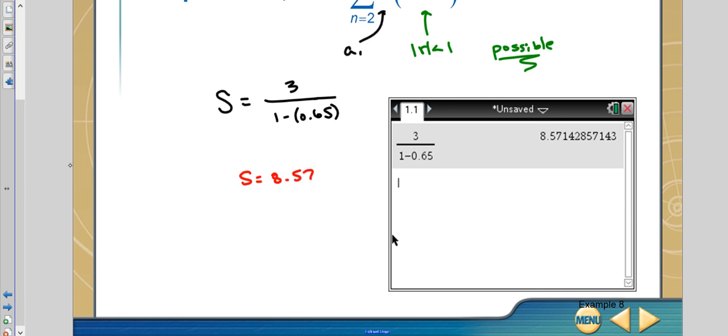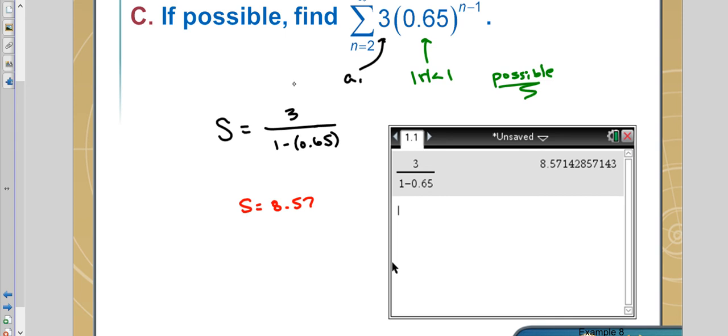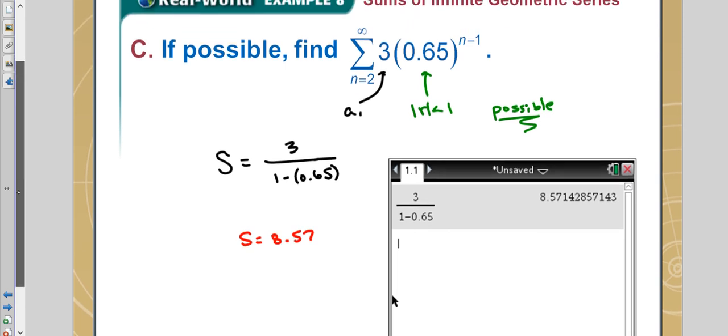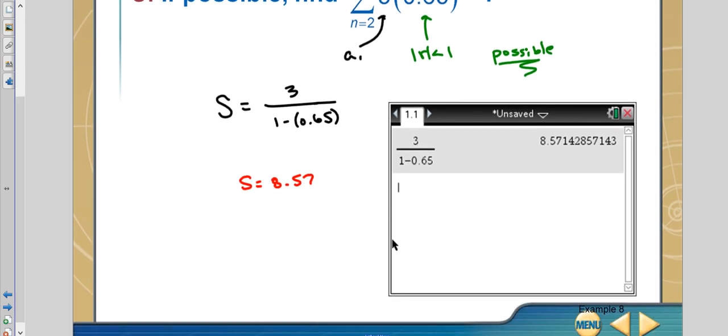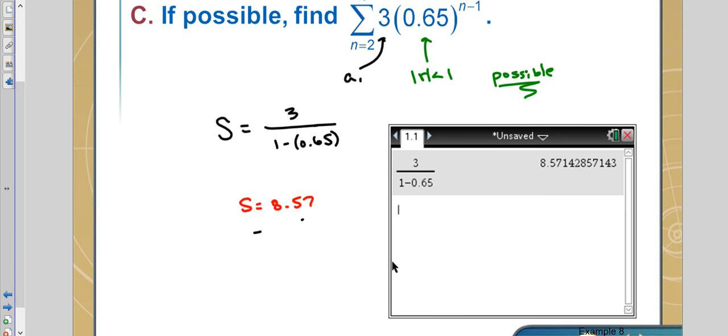That's not actually accurate because we want the sum of the terms from 2 on. We don't want the first term. So I actually need to subtract a sub 1, which, if you remember, is the value 3.